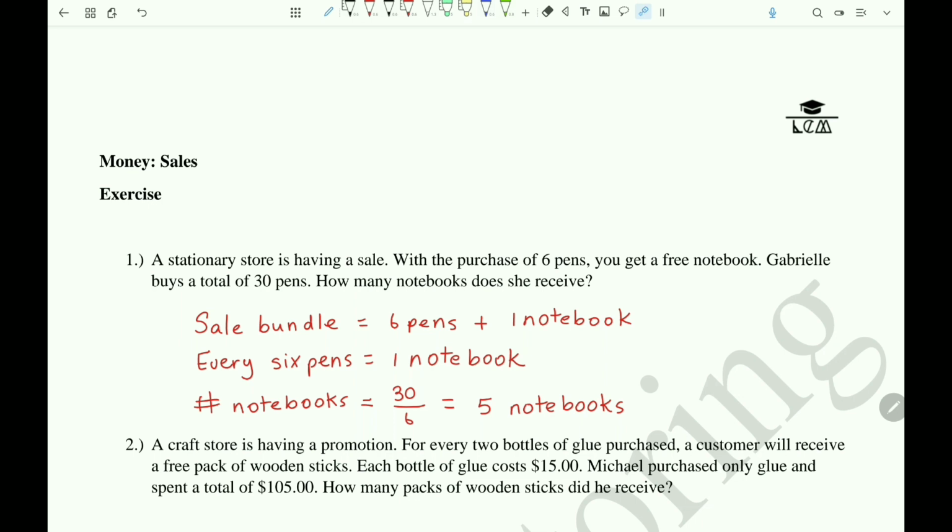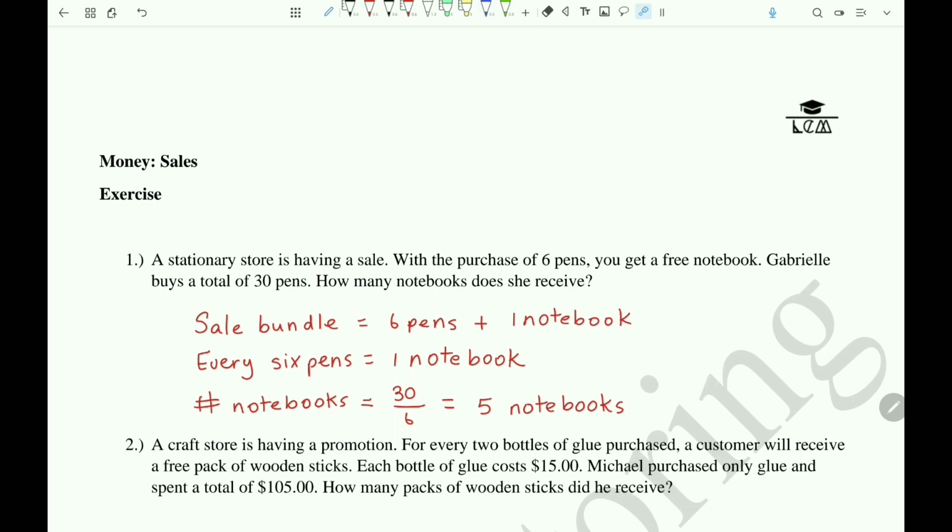Now this division here means that she gets 6 pens in 30 pens 5 times, right? 5 groups of 6 in 30, which means that every group of 6, she's going to get 1 notebook. So if she has 5 groups of 6, she gets 5 free notebooks, right? And that is your answer for question 1.